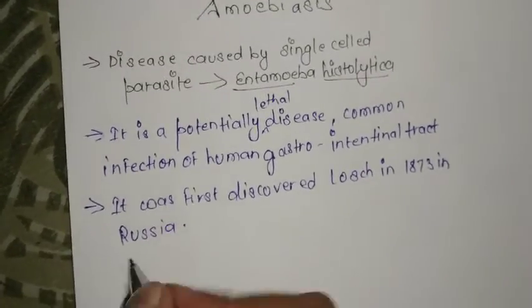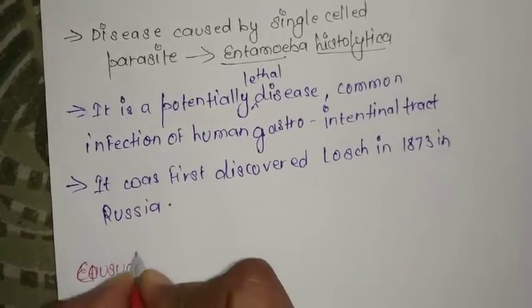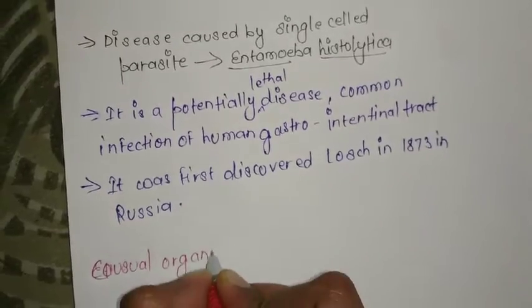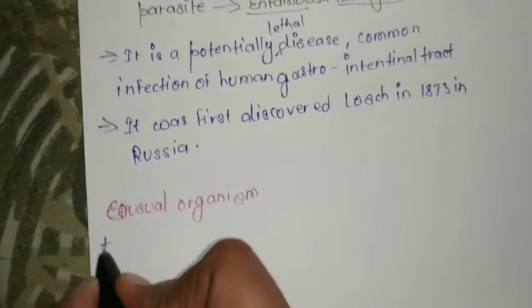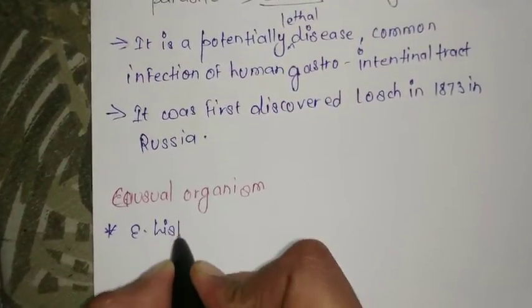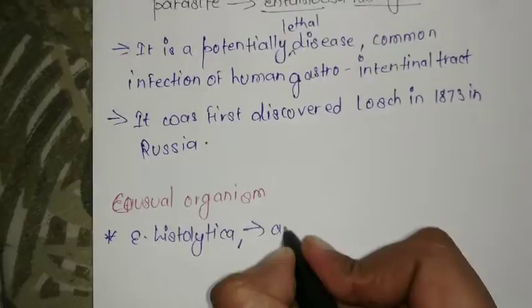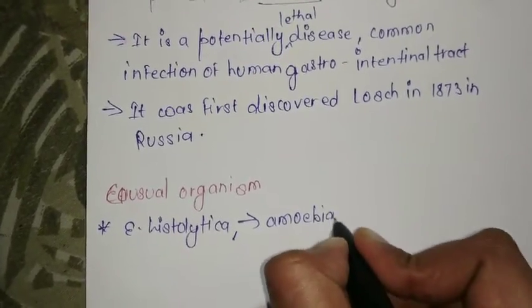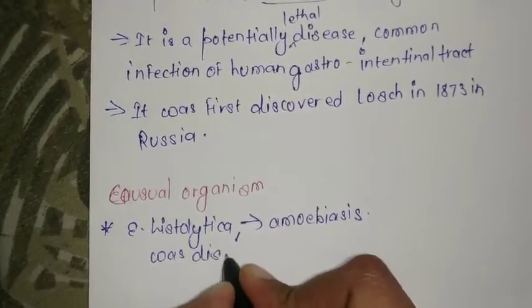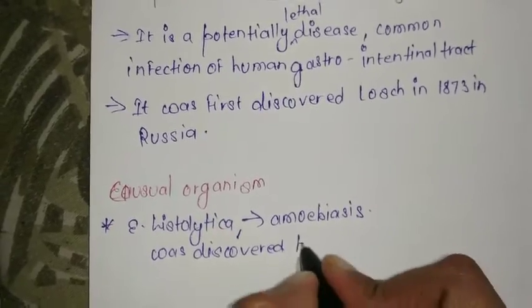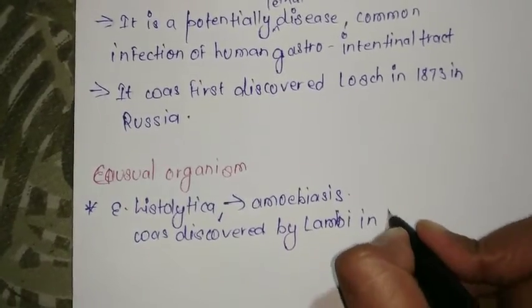Now we are going to talk about the causal organism. This Entamoeba histolytica, which causes amoebiasis, was discovered by Lambl in 1859.